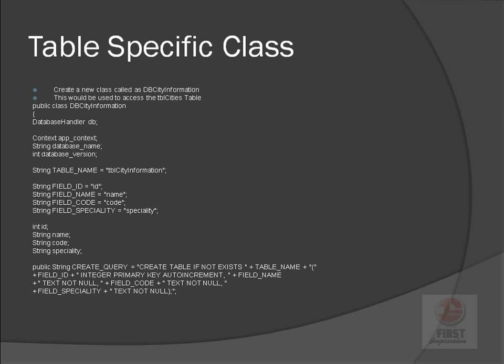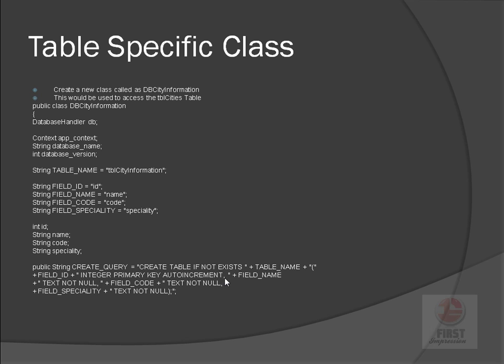Let me explain this to you. The create query says create table if not exists, the table name. So whenever you will be reading this, you will read it like this: create table if not exists, TBL city information, plus we add a string to it in brackets, plus field ID, plus integer primary key auto increment, comma, double quotes, plus. Now here the string ends.